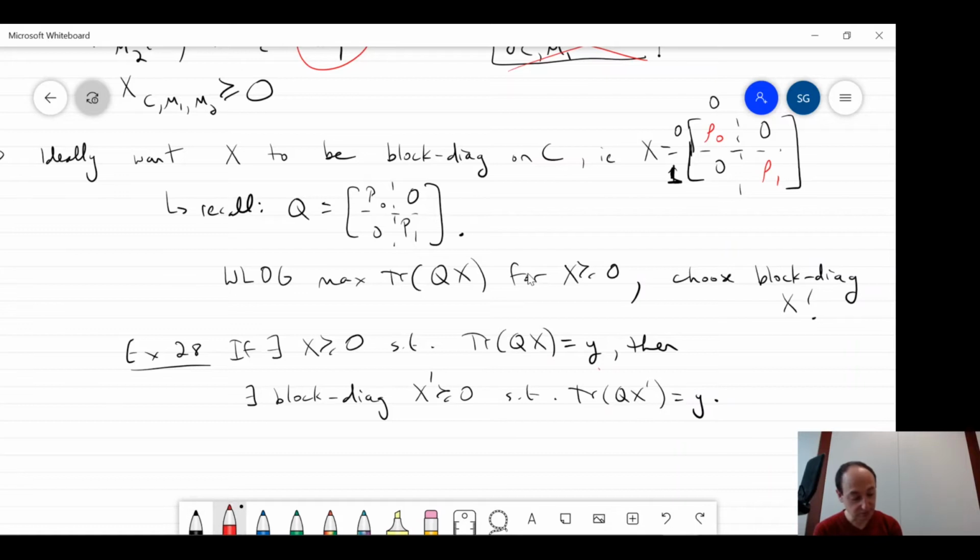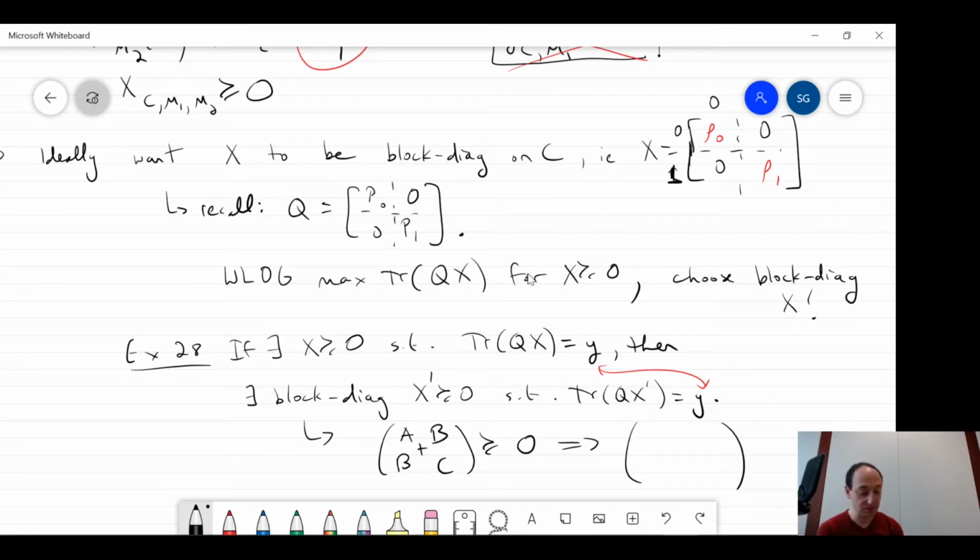Okay, so you'll notice these are the same. The basic property that exercise 28 asks you to prove is that if A, B, B dagger, C, some arbitrary operator which I'm writing in block format, is positive, then I can do something really simple to make it block diagonal: I'll just throw out the off-diagonal blocks, and that will still be positive.